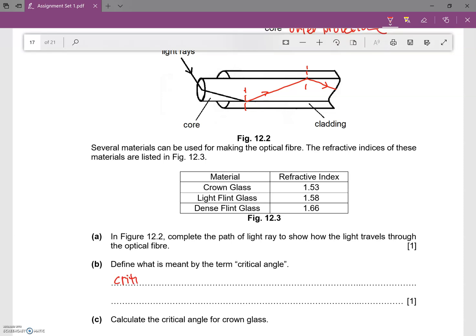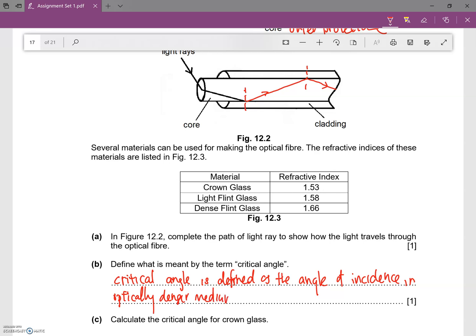The critical angle C is defined as the angle of incidence in an optically denser medium for which the angle of refraction in the optically less dense medium is 90 degrees.